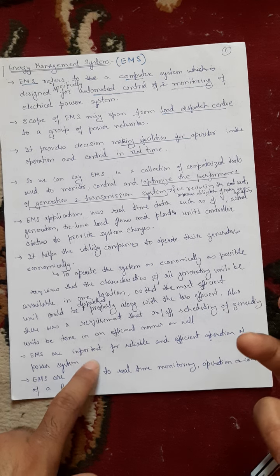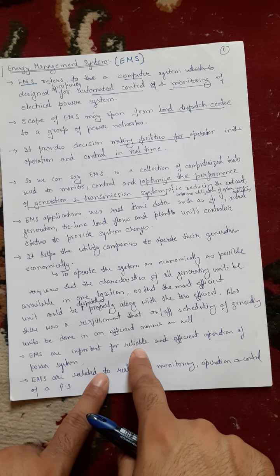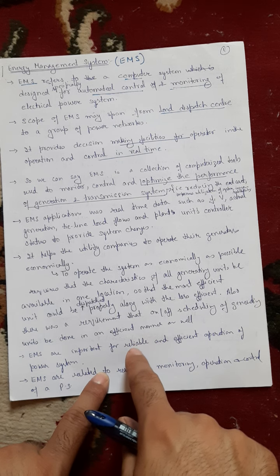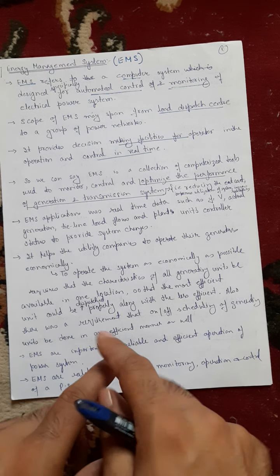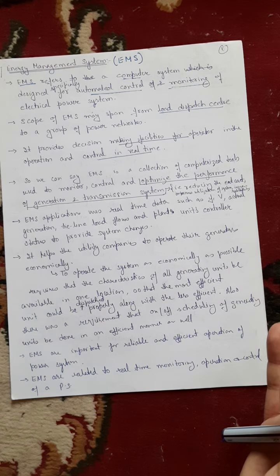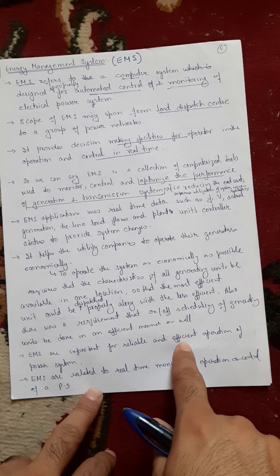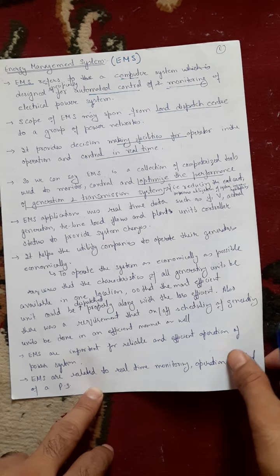With the help of these decisions, you can operate your system reliably. Also, you can check how load is to be distributed and how losses are to be reduced. In that way you can make your power system operation efficient. Got it?